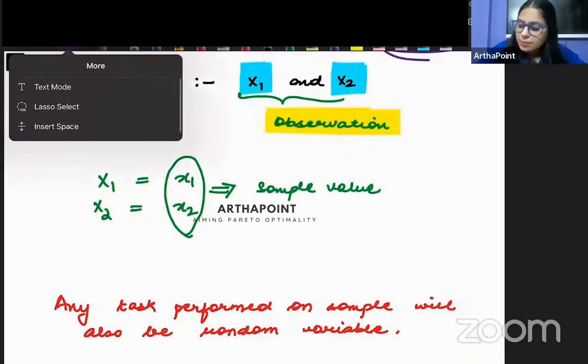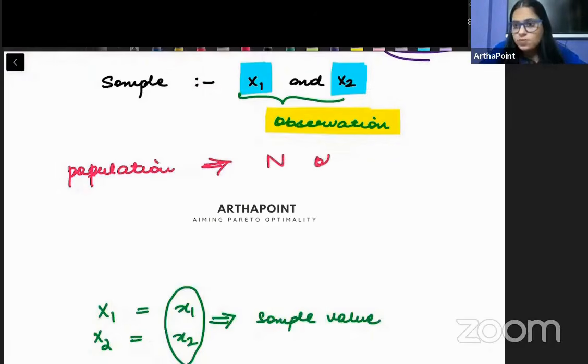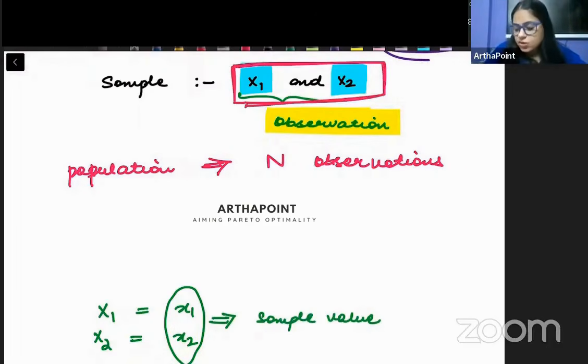तो जैसे अगर मैंने आपको बोला कि okay, there is a sample, there is a population, and this population, it goes ahead and it contains n observations, right beta? तो ये जो हमारी observations हैं, these are represented by x1 and x2, right? So I have x1, x2 and so on till xn.